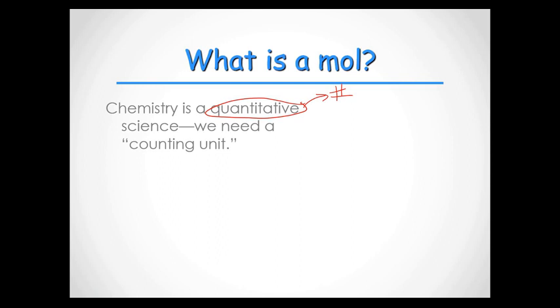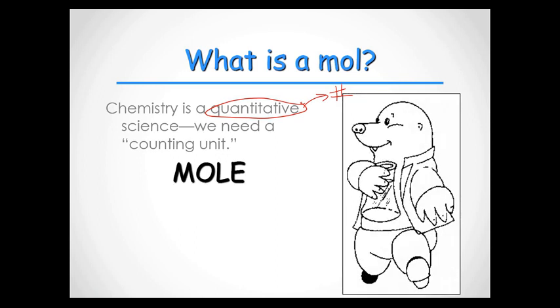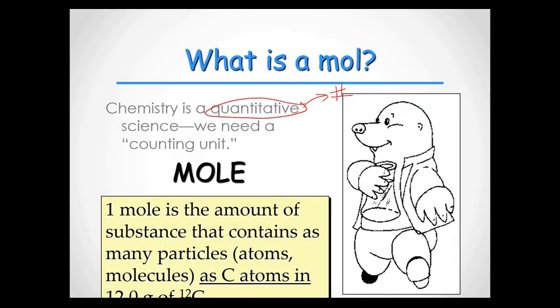So they came up with the mole in order to have a unit that is consistent from element A to element B, so that when we're comparing, let's say, magnesium to oxygen, we're not comparing apples to oranges, we're comparing a constant unit. They started with the element of carbon, and what they determined is that 1 mole of carbon is 12 grams, and they set that as our comparative unit.